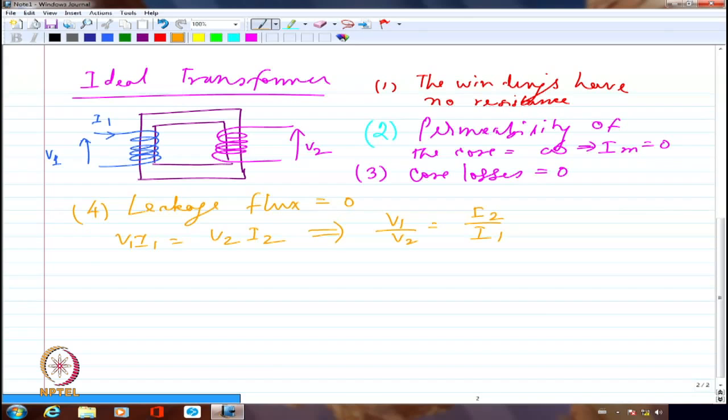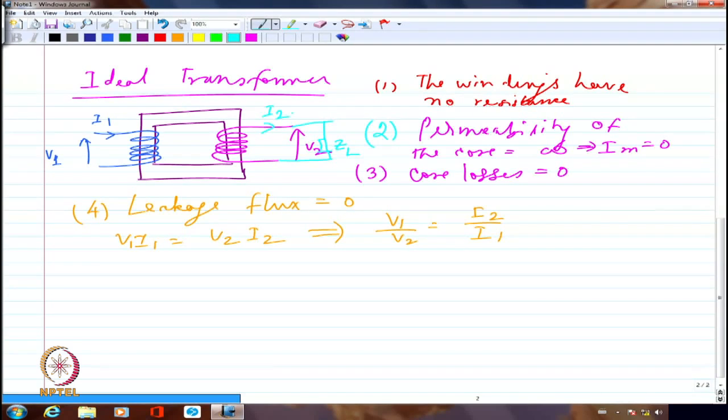Right? Now let us say I have connected a resistance here, or impedance. Let me call this ZL. So I have connected a load impedance of ZL. When I connect the load impedance of ZL, this is going to probably draw a current of, let us say, I2.